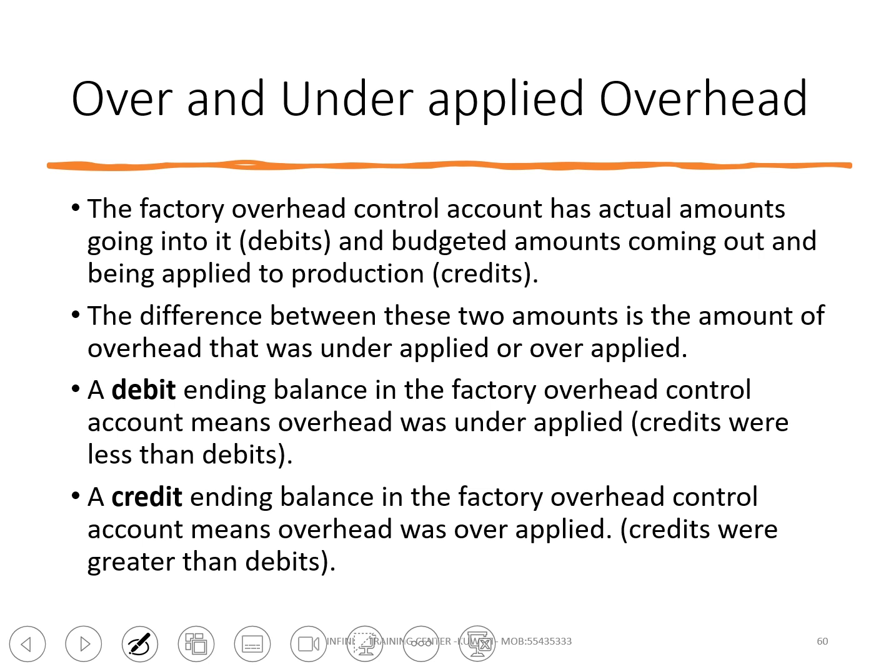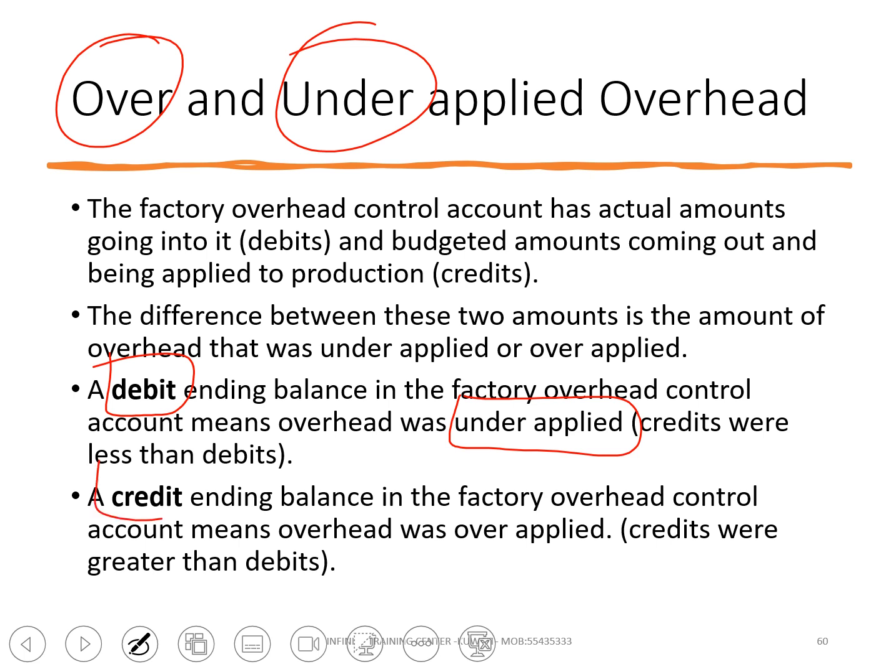Now this already we discussed, over and under applied overhead. A debit ending balance in factory overhead control account means overhead was under applied, and a credit means it is over applied, right? So now you found that there are some balances.